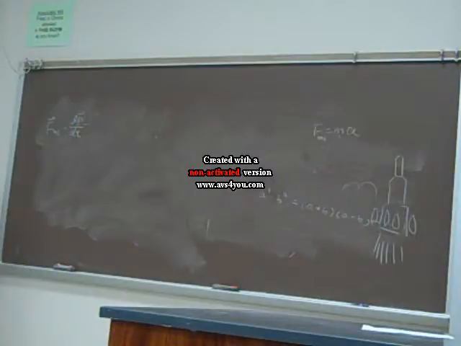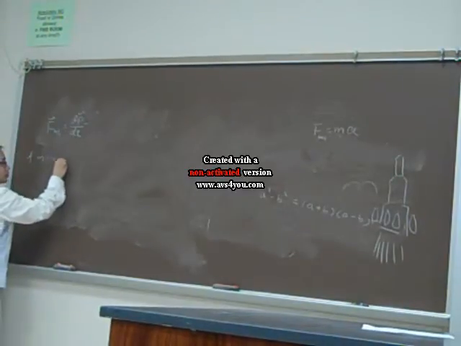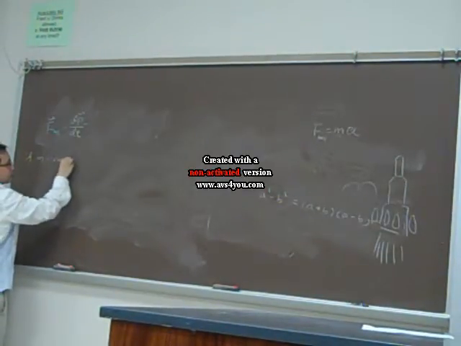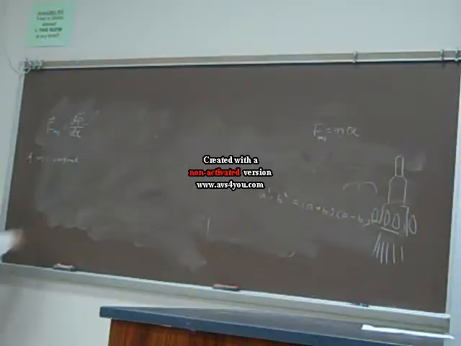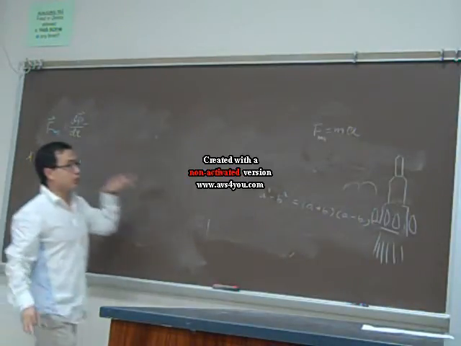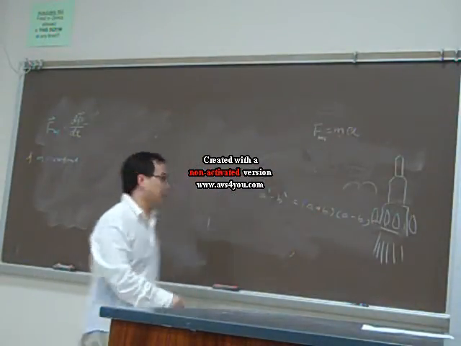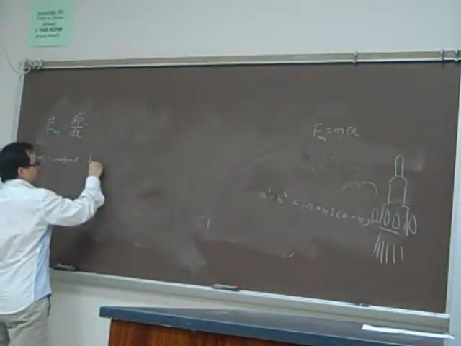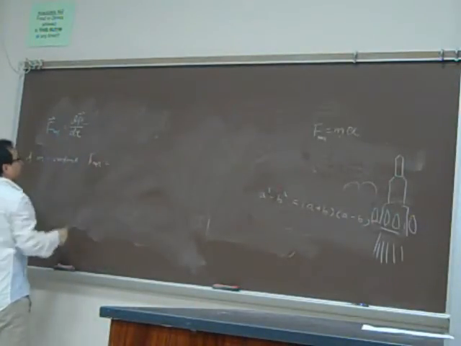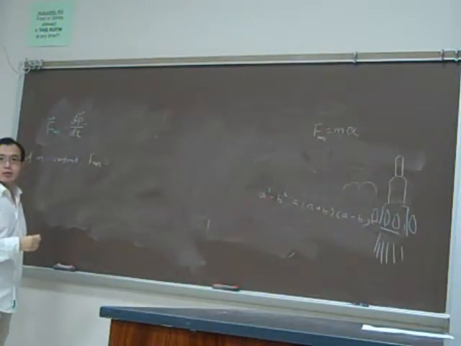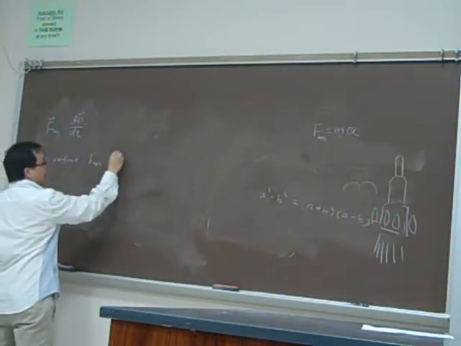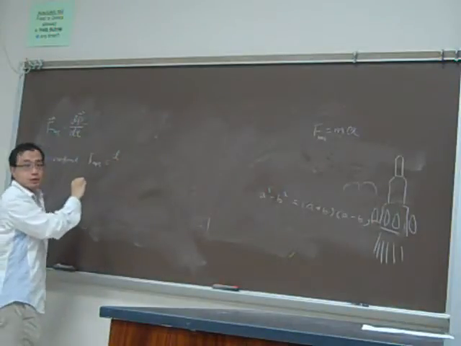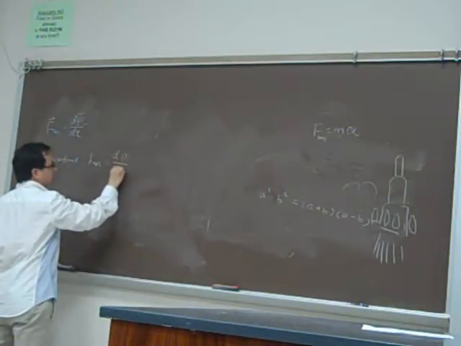And we can see that this is equivalent to F equals ma if mass is a constant. Let's do one dimension, so we don't need to worry about the direction. F net equals dP divided by dt.